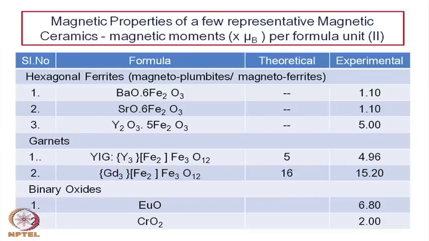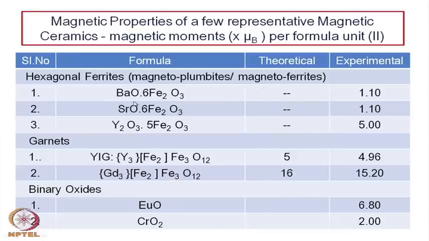Well, we are talking about the calculation of the magnetic moment of different structures, particularly the spinel structure we have already considered. Here is some data particularly for the other two types of structures, the hexagonal ferrites or the magnetoplumbites, sometimes called magnetoferrites.